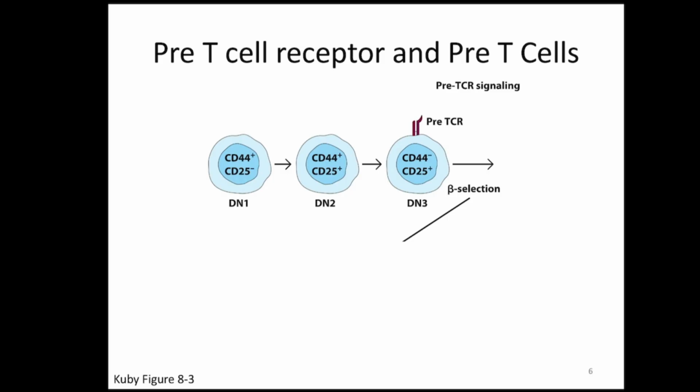And so you can see once we get to DN3, we are now a pre-T cell. We now have our receptor on the surface of the cell. Perhaps we get a good signal through that, and we're able to continue through the development process, just like we saw with B cell development.